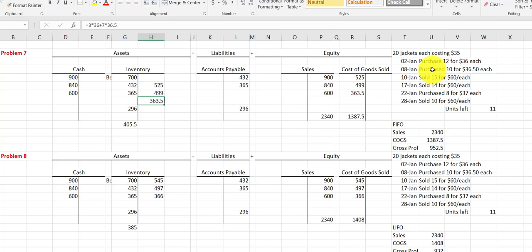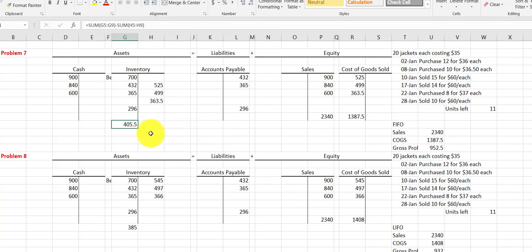Moving from the old to the new. Sales is $23.50. The cost of goods sold adds up to that number, and there we have our gross profit. Our ending inventory is $405.50. That's adding up the increases and subtracting the decreases.